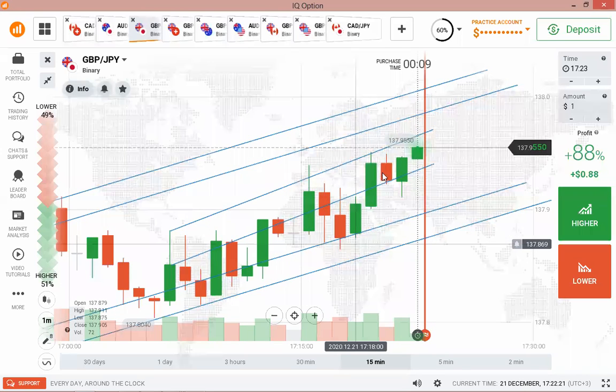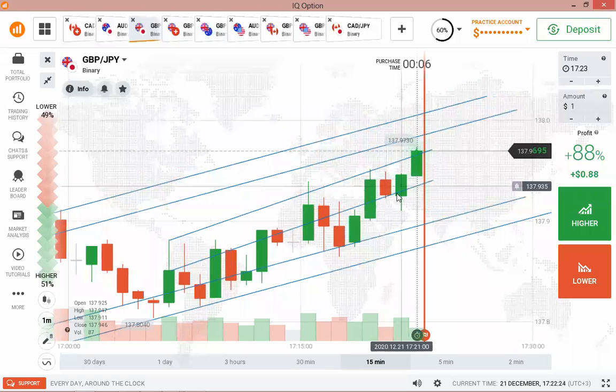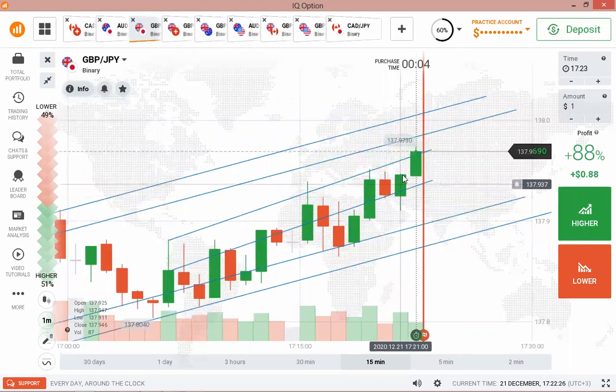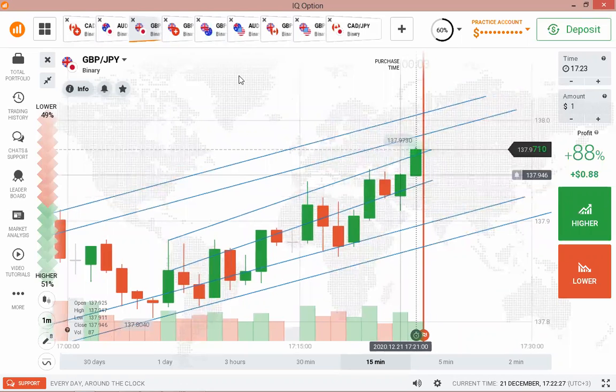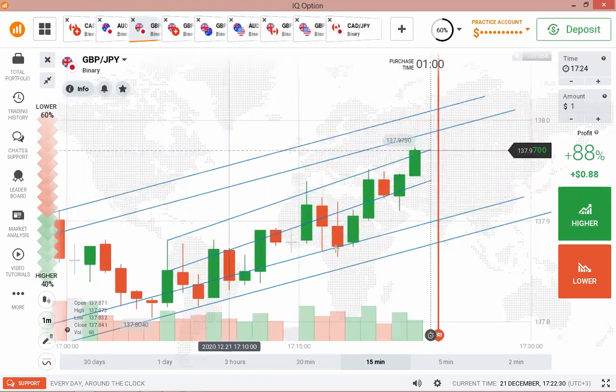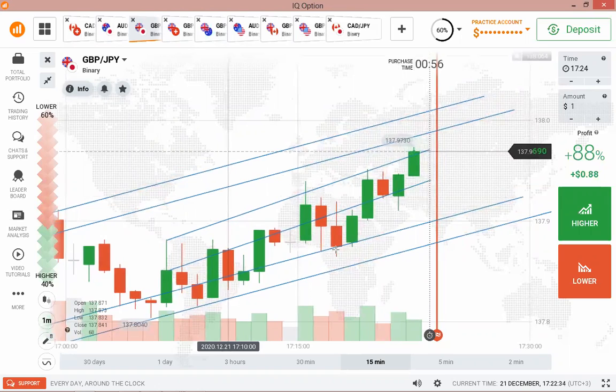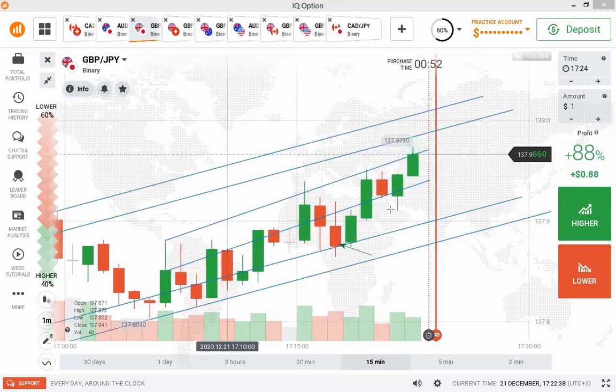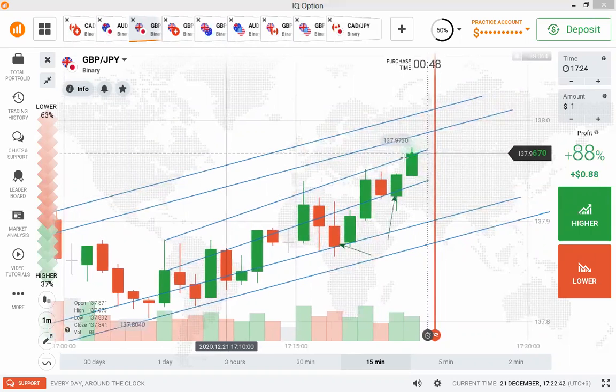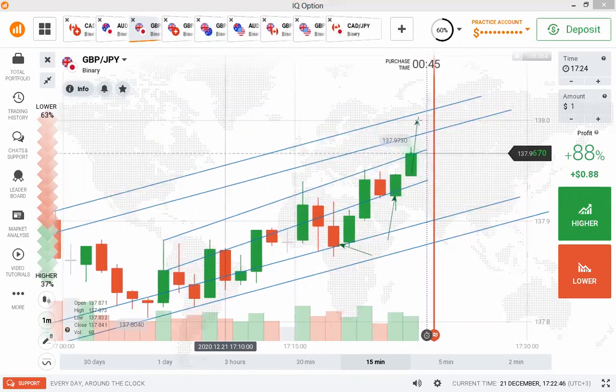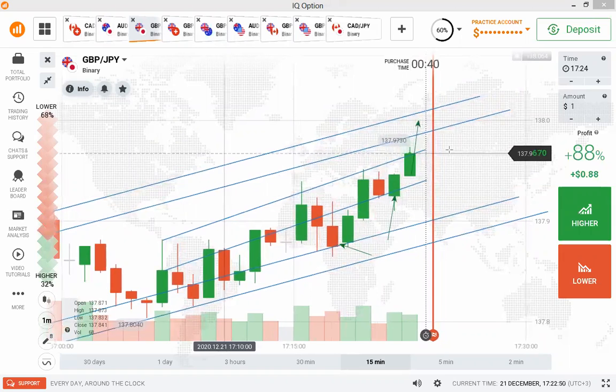But the buyers quickly entered, meaning the buyers have shifted their entry from here to here. So buyers are now heading to the major resistance. If buyers go to the major resistance, that is when the market should reverse.